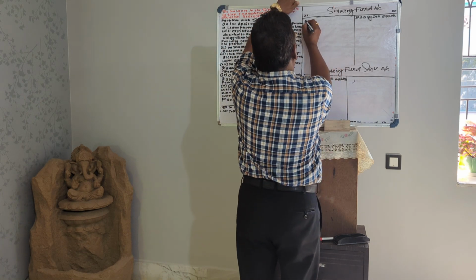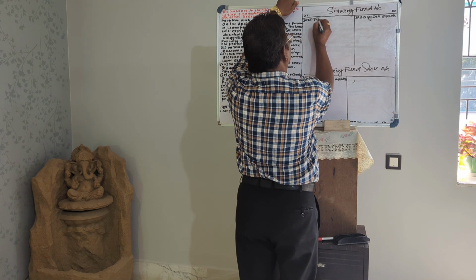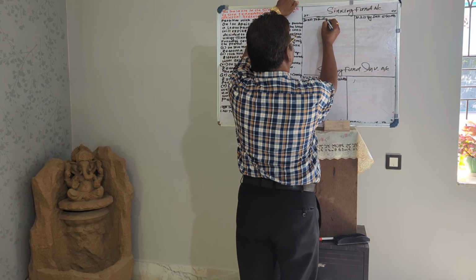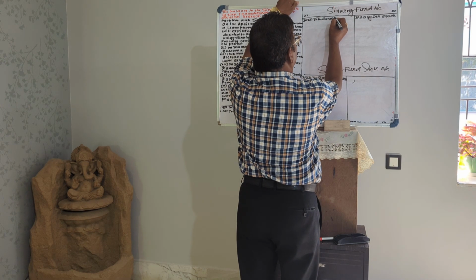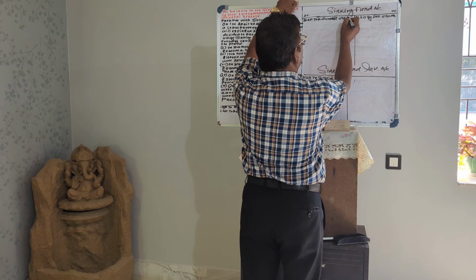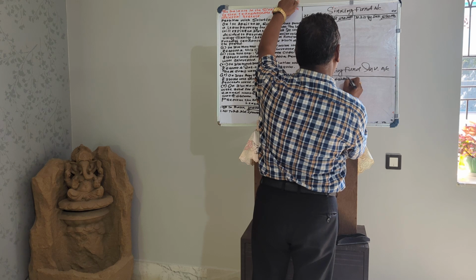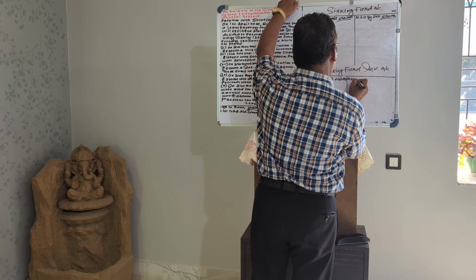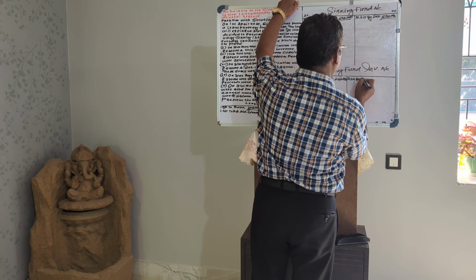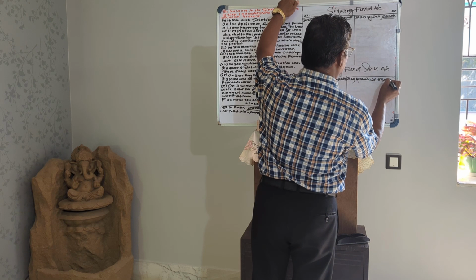Then on 31st March 21 to balance carried down, so amount is 6,40,000. Here on 31st March 2021 by balance carried down, the amount is 6,40,000.